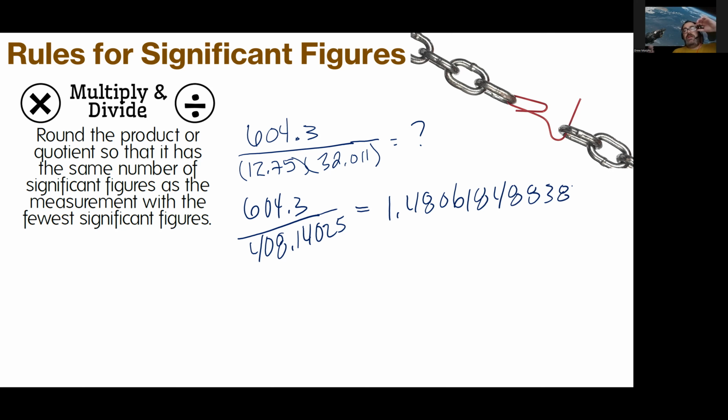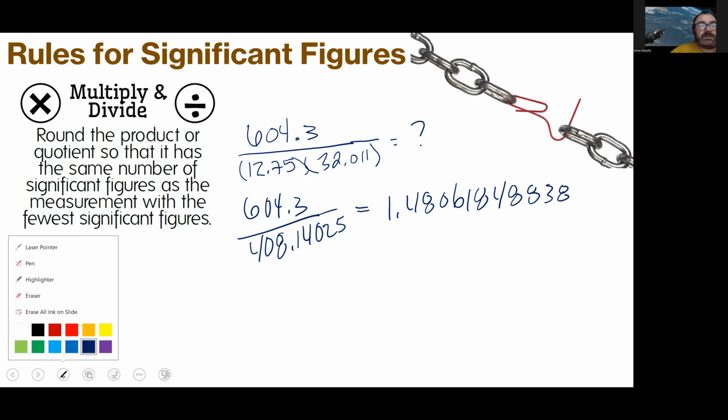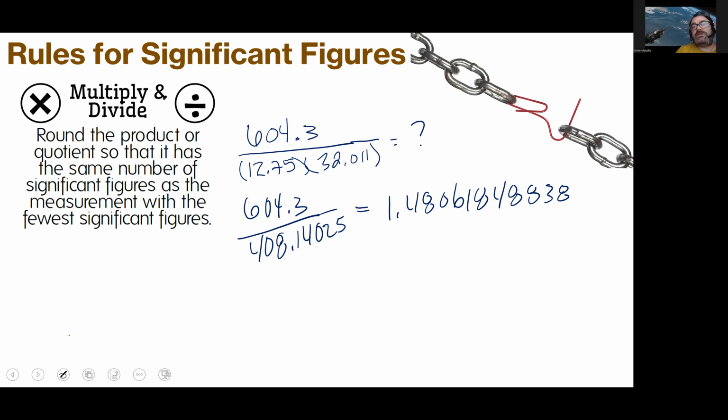My calculator says 1.480618488838. The reason we have to pay attention to significant figures is that calculators are great at doing the calculation, but they don't know the meaning behind the number. They're going to think everything is significant. When we multiply and divide, our answer has to have the same number of significant figures as the data with the fewest. This has 4, this has 4, and this has 5, so our answer should have 4 significant figures.